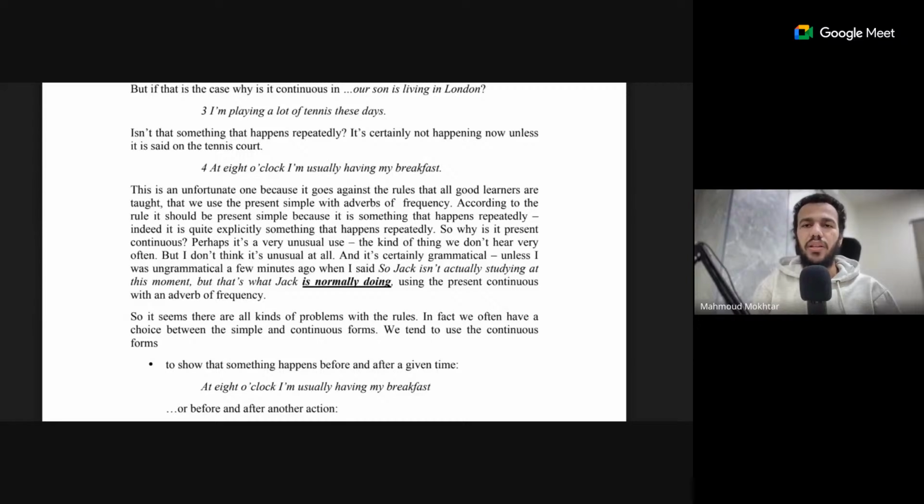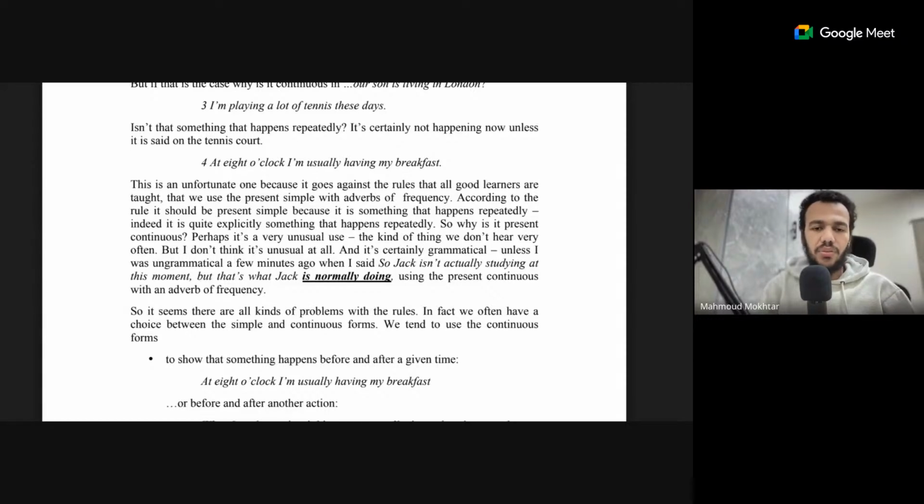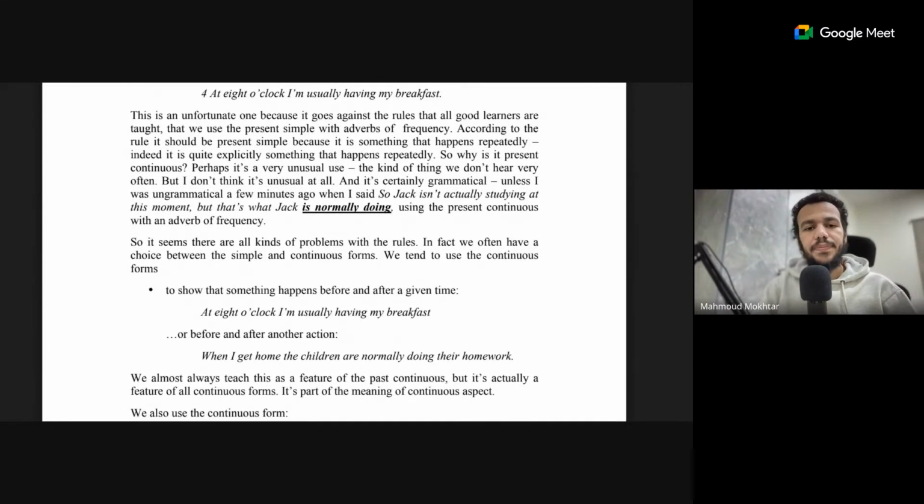If it's a habit, and it's repeated, why not simple present? So I play a lot of tennis these days. And there is no now, and it doesn't mean that this is happening now. So you could be chatting with your friend on your phone, and you say so, you're not on the tennis court when you're saying so.